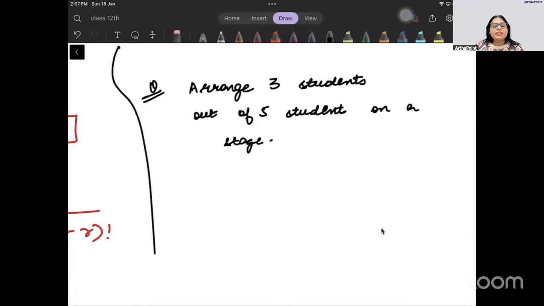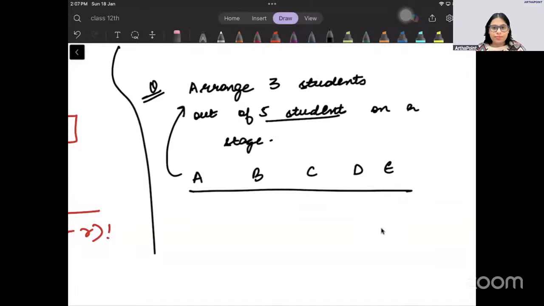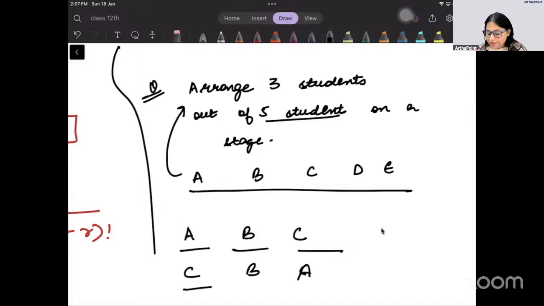So I am saying that here the order matters. माने, if there are 5 students, A, B, C, D, E, I have to take 3 students and arrange them. तो यहाँ पे order matter करता है. Whether I take A first or C first, these will be different arrangements. ये अलग हैं. The order matters.